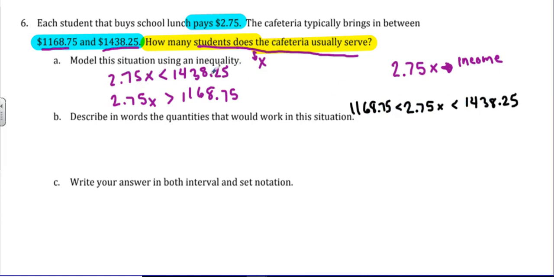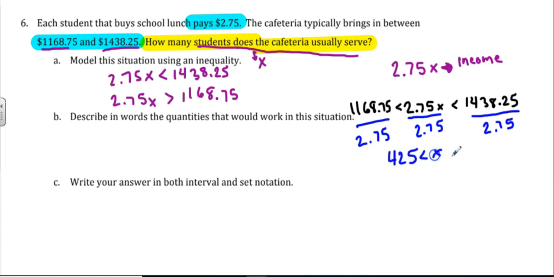To solve this, you just have to divide by 2.75 on each side of an inequality symbol. You solve these the same way. That gives us the values of 425 is less than x, which is less than 523.